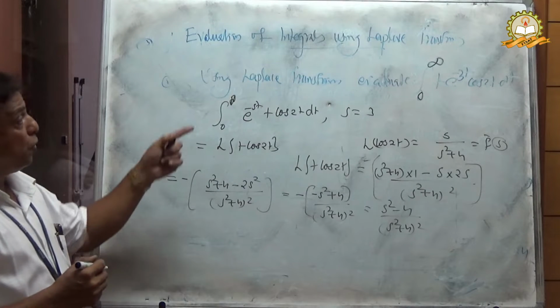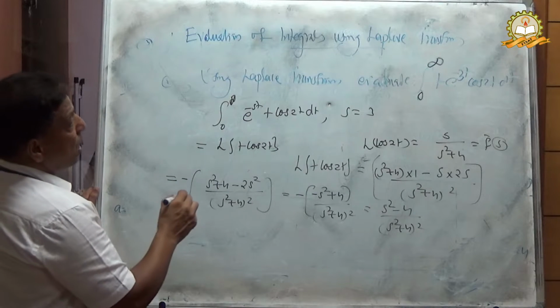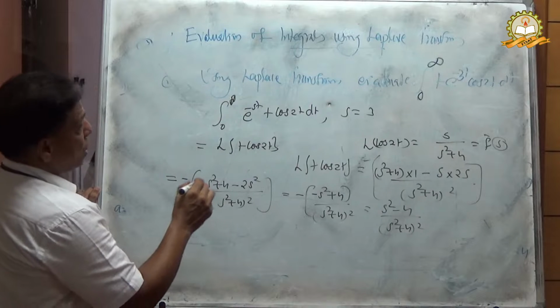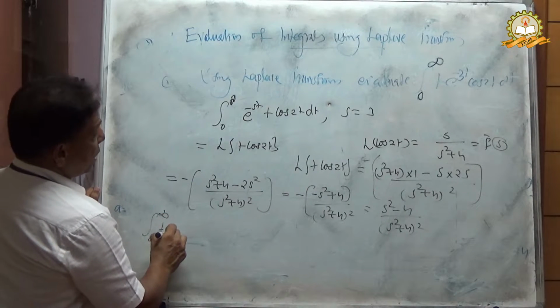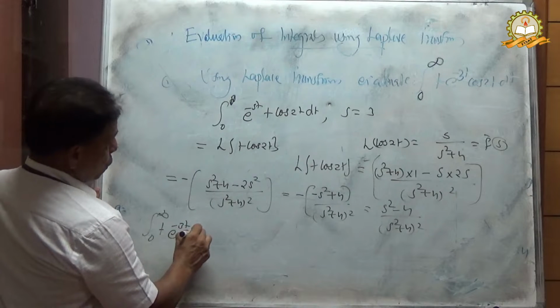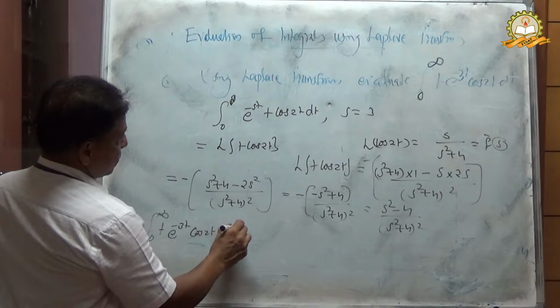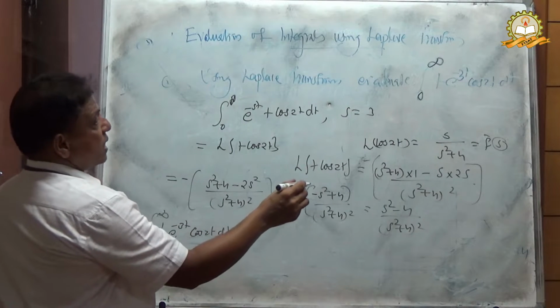But we have to find the value of the integral 0 to infinity t into e raised to minus 3t cos 2t dt. Here we put s is equal to 3.